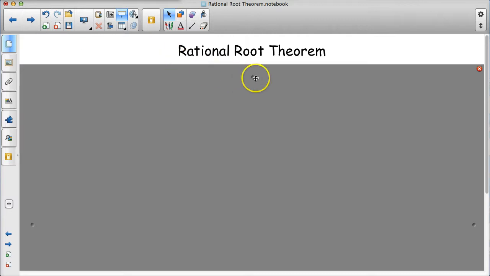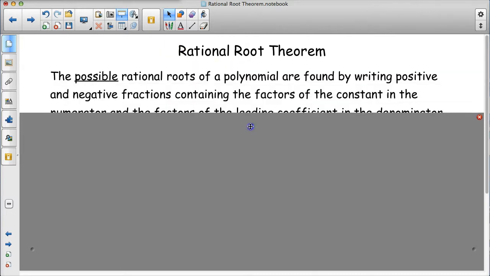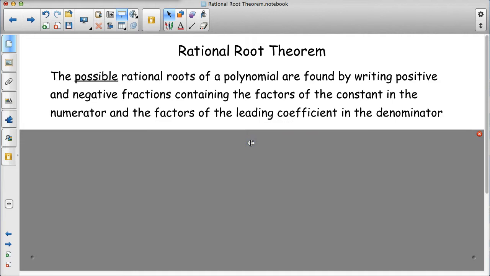So what exactly is the Rational Root Theorem? Well, the Rational Root Theorem says that the possible rational roots of a polynomial are found by writing a fraction, both the positive and negative, so plus or minus, that contains the factors of the constant in the numerator and the factors of the leading coefficient in the denominator.